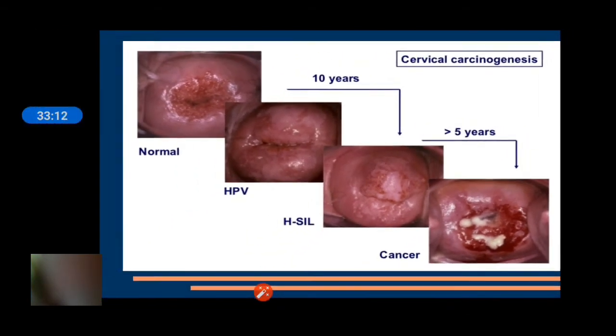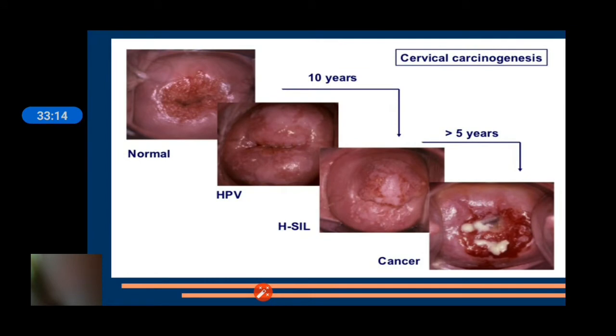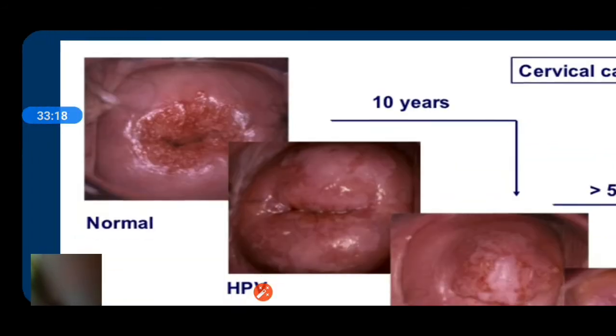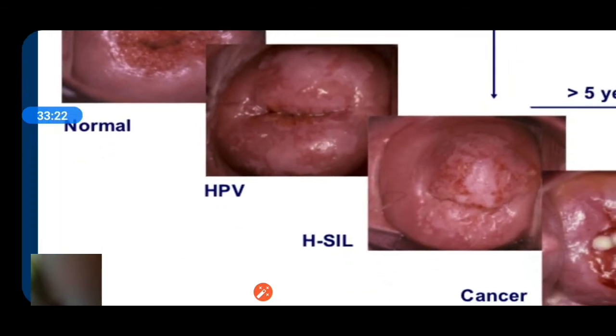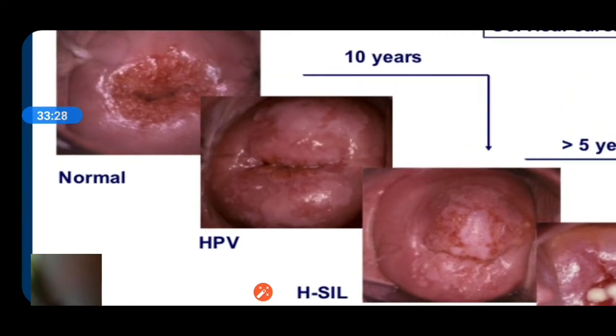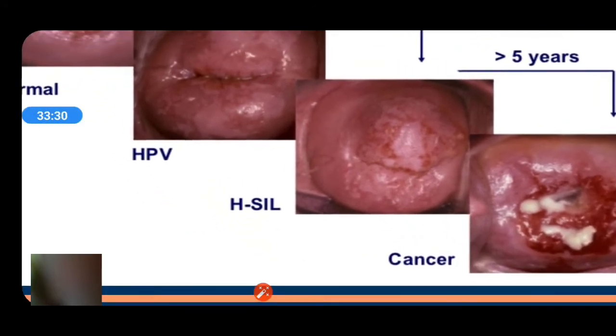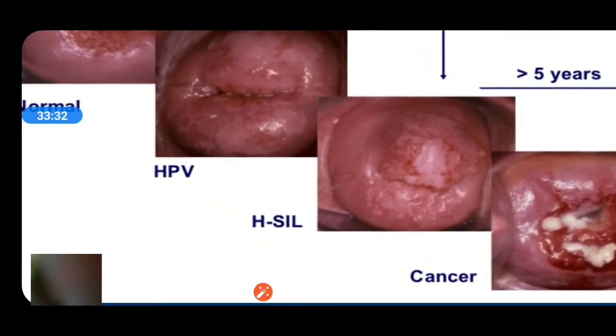This slide shows the cervical carcinogenesis, how the changes occur in the cervix. This is a normal cervix, and this is a cervix infected with the human papilloma virus, HPV infection. Then this is a cervix with a high grade lesion, HSIL, high grade squamous intraepithelial lesion.